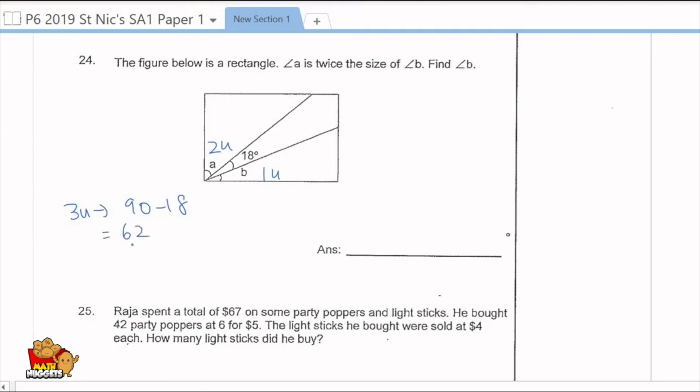So we're left with 72 degrees. And 1 unit will be 72 divided by 3, which is 24. We want to find the size of angle B. Angle B is 1 unit, so 1 unit would be the answer, 24.